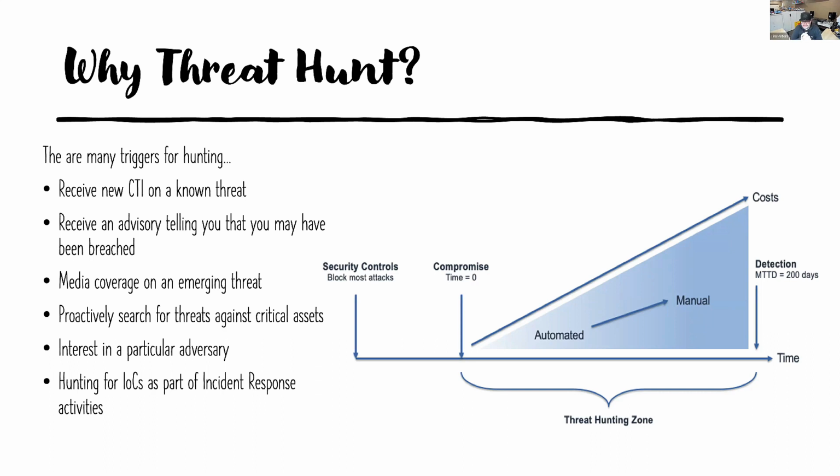So we've all probably seen the mean time to detection. These days it varies. It can be as low as immediate to 30 days, or in some cases 180, 200 days. Really, what I'm trying to illustrate here is that we want to try and be proactive.